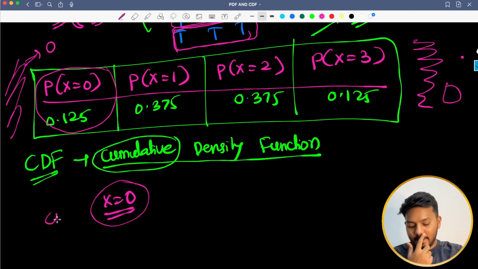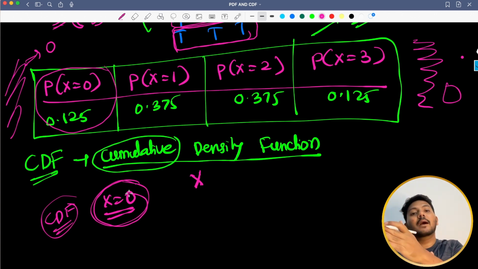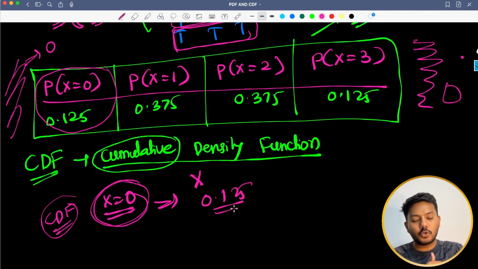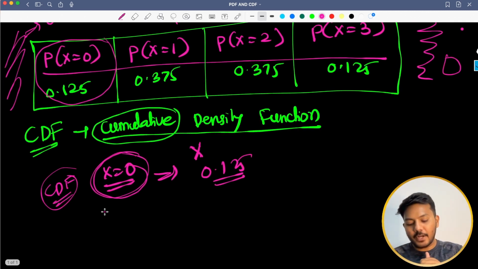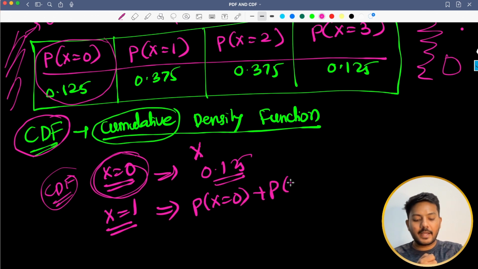So the cumulative density function, for a discrete random variable x, when we calculate the CDF at x equal to 0, we have to sum up all the values that come until x. In this scenario, we don't have any prior values, so you have 0.125. But when I talk about x equal to 1, we have P(x=0) plus P(x=1).